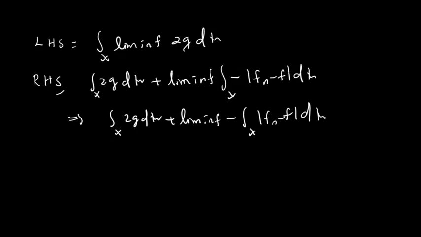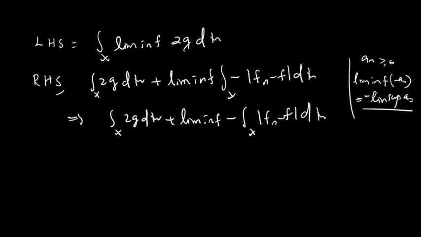Now we use the result that if a_n is greater than or equal to 0, then lim inf of minus a_n is equal to minus lim sup a_n. So we use this.